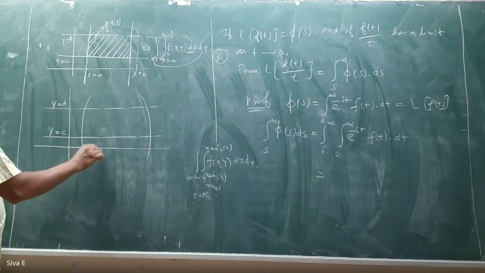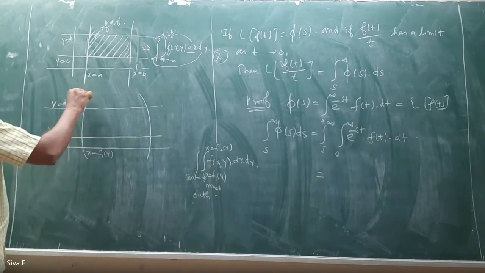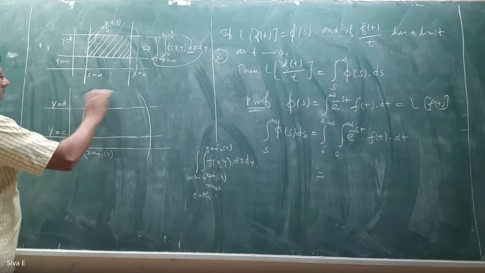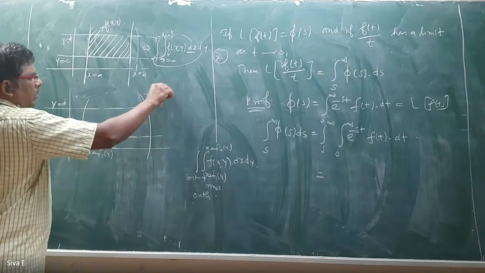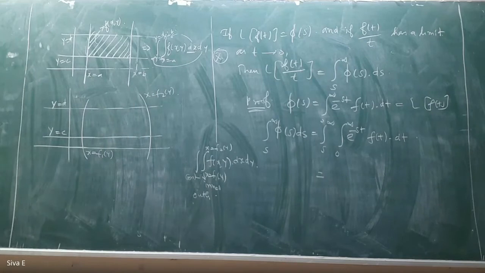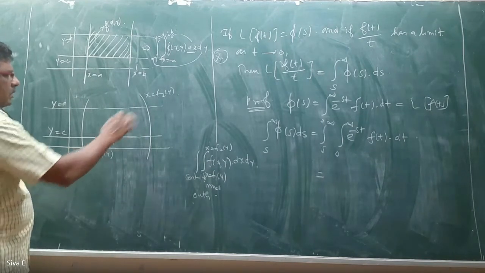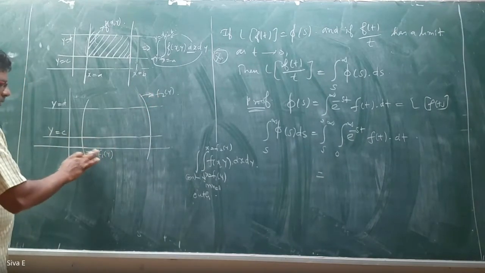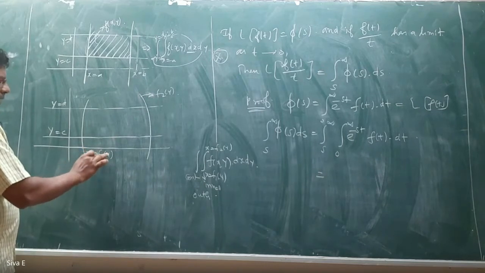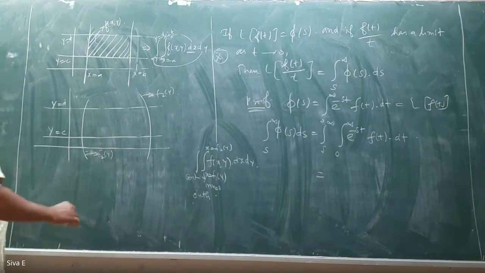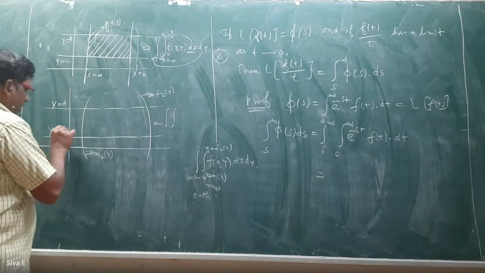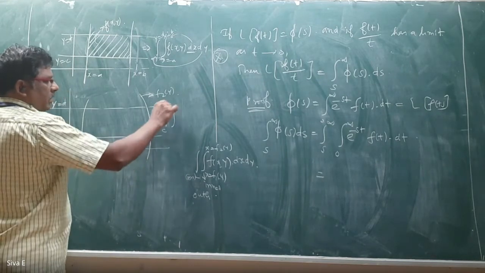But x equals f1 of y, x equals f2 of y. So sorry, x equals f1 of y is one curve, and f2 of y is one curve. Then this integration can be written as the integral of whatever the constant limits you have to write outside, c to d.